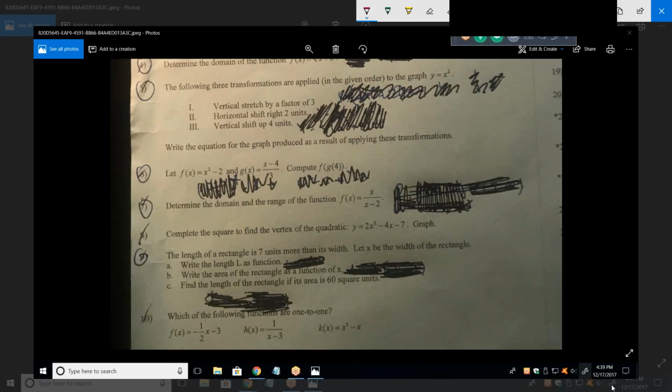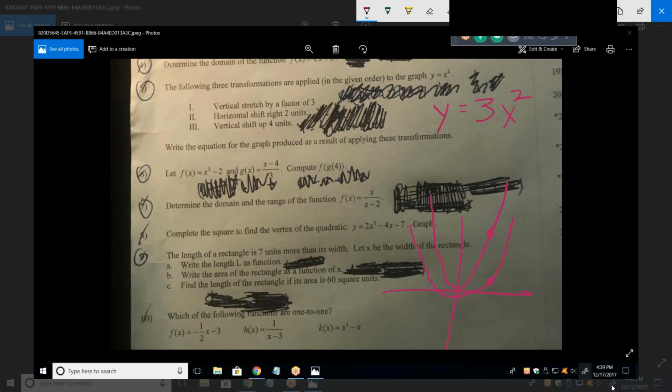Okay, let's do them one at a time. What's the first one? Vertical stretch by a factor of 3. Isn't it just 1/3 x squared? Vertical stretch means numbers greater than 1. In other words, your parabola that you would have gotten with the original function is skinnier when you do a vertical stretch by a factor of 3, because every point that would have been there is now 3 times higher.